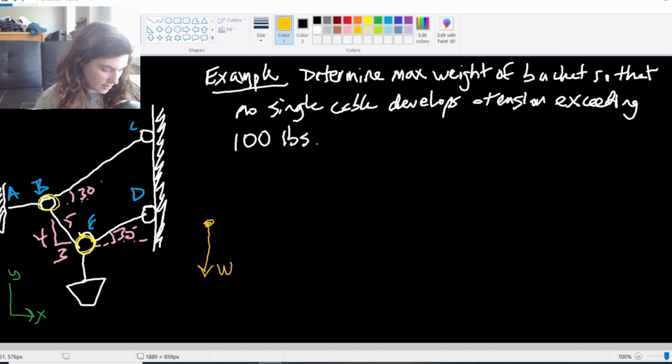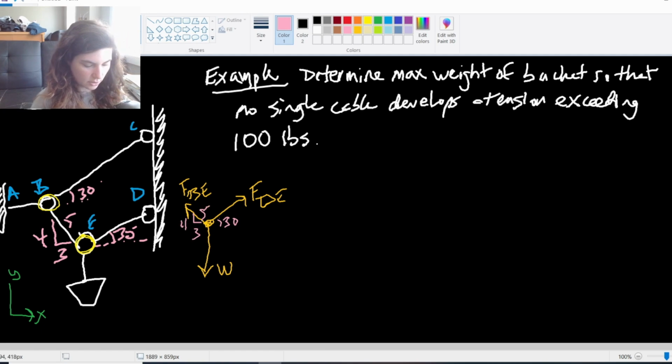And then I have the force in cable DE and the force in cable BE, where this angle here is 30 degrees, and then this triangle over here was given as a 3, 4, 5 triangle. So I can apply the same equilibrium equations that we've been applying.